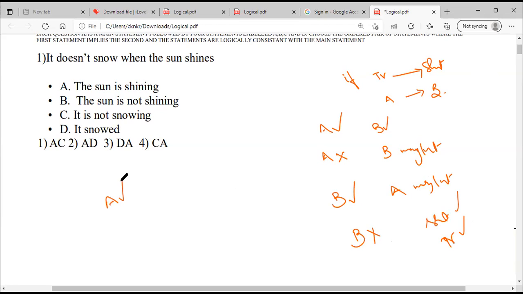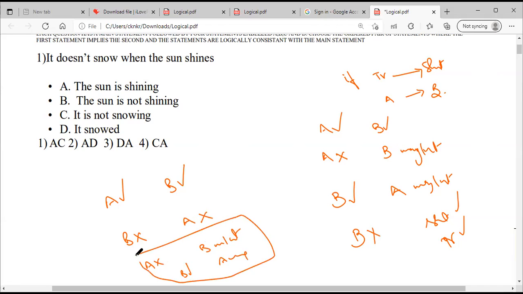When A happens, B happens. When B doesn't happen, A didn't happen. As far as the other cases are concerned, that is, A didn't happen, the happening of B may or may not. When B happens, the happening of A may or may not.